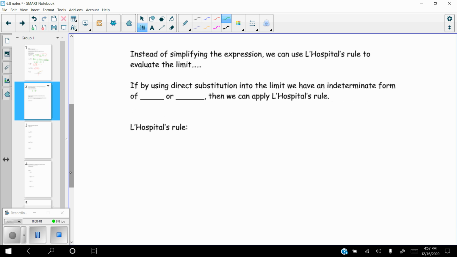So once again, L'Hopital's rule says that if you get one of these 2 forms, 0 over 0, or plus or minus infinity over plus or minus another infinity, we can apply L'Hopital's rule.